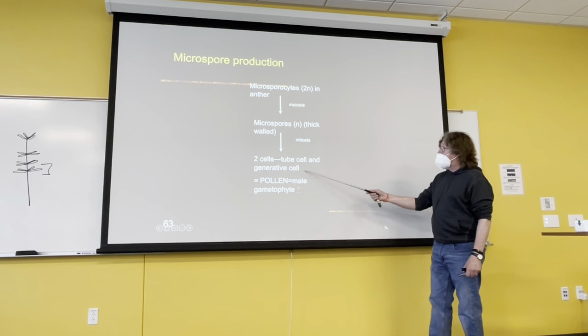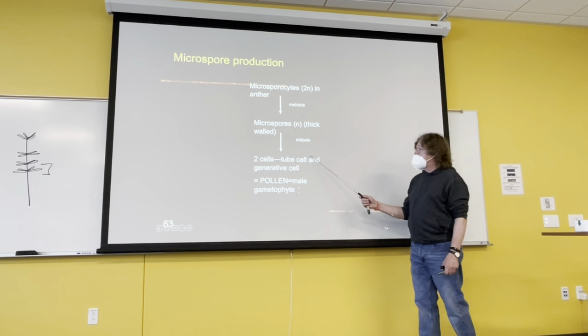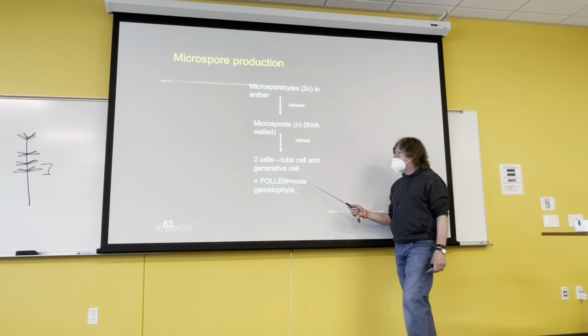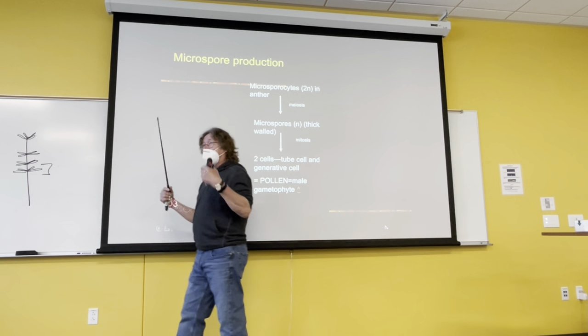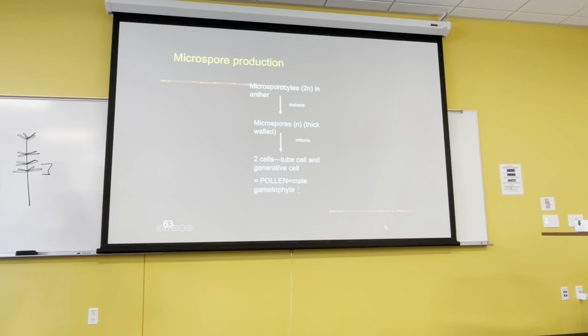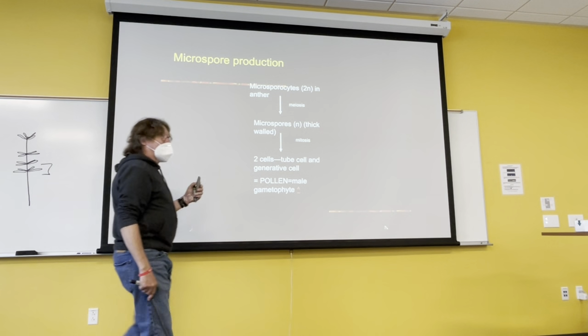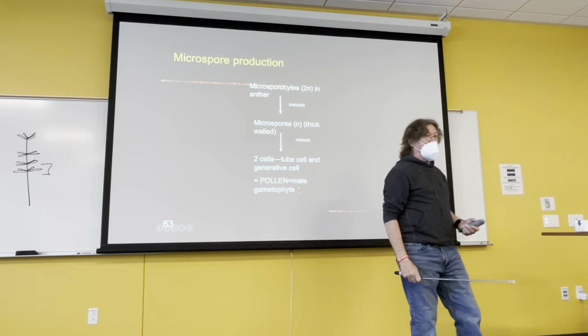Mitosis, just one division. And they consist just of a tube cell and a generative cell. That is an adult plant, the gametophyte generation. The whole plant is just 2 cells. So the story's just like in staminate cones, just in a different location, that's all.